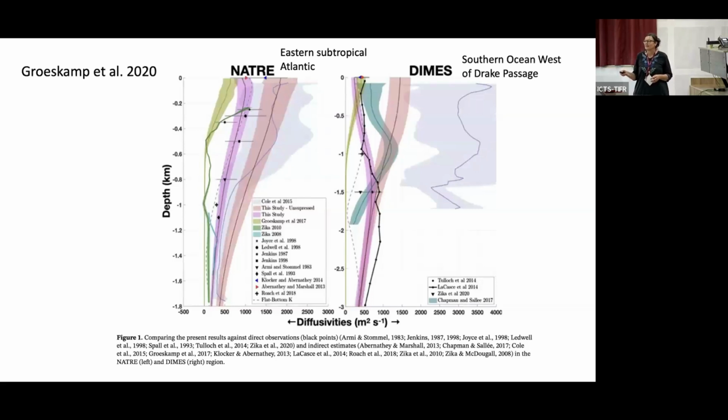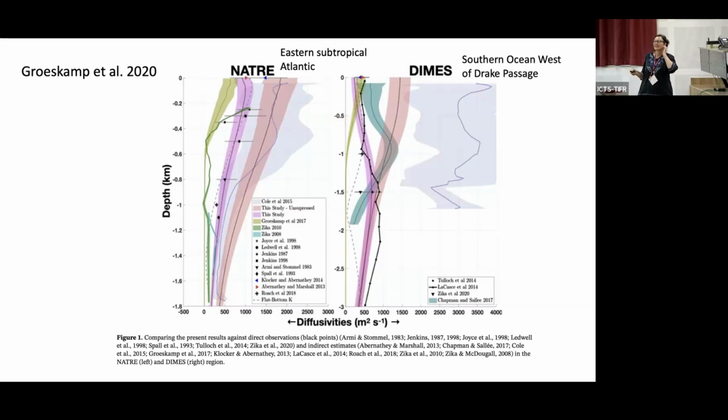And I am finishing with this example of observations of diffusivities. There are not many observations of depth dependence of these diffusivities at all. There are two main examples: the NATRE survey in the eastern subtropical Atlantic, and the DIMES project in the Southern Ocean, west of Drake Passage.